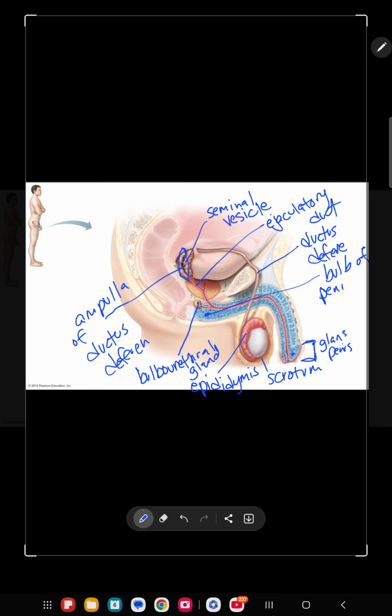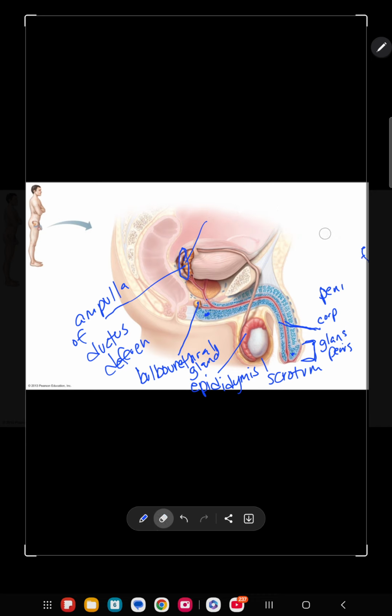And this area on both sides of the urethra is the corpus spongiosum. And in this little area is the corpus cavernosum.